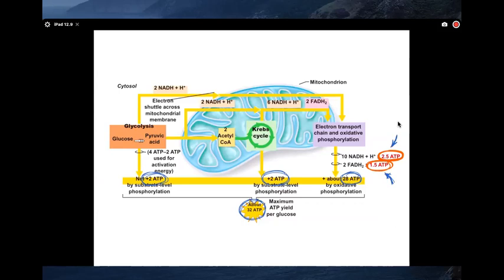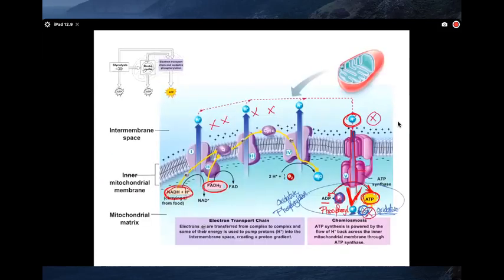Why do we say about 32 ATPs? Remember, because not all the energy, or not all this potential energy, is going to be transformed into ATP.